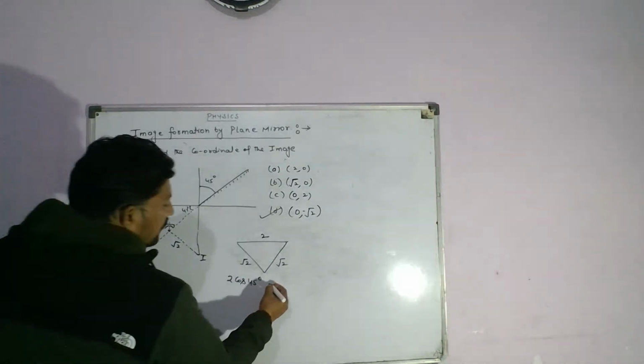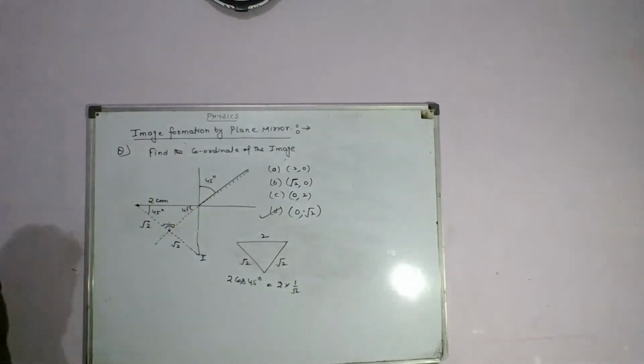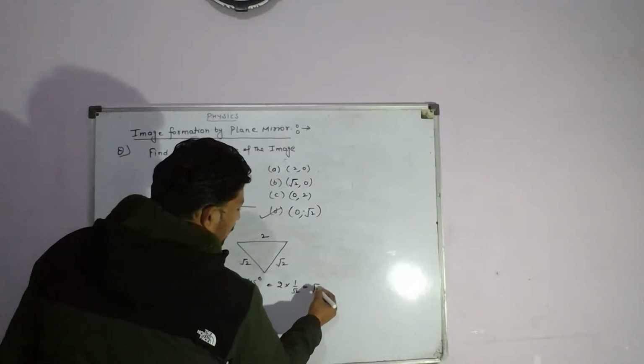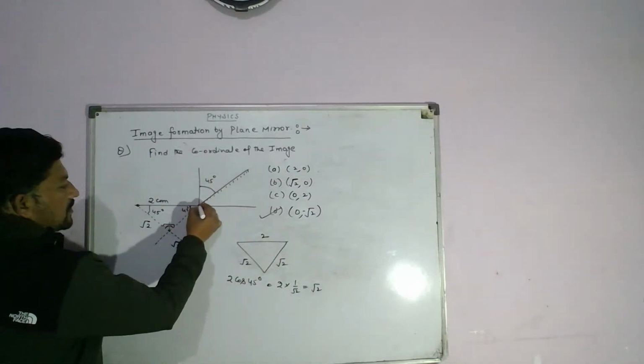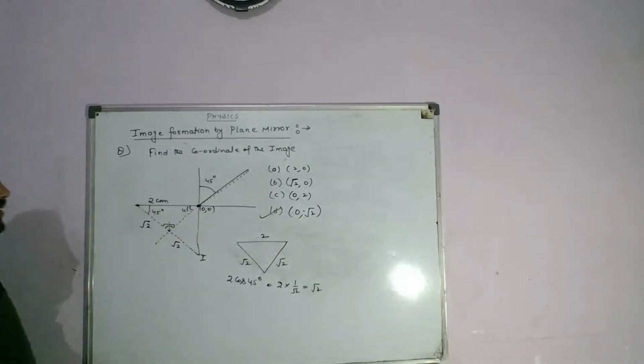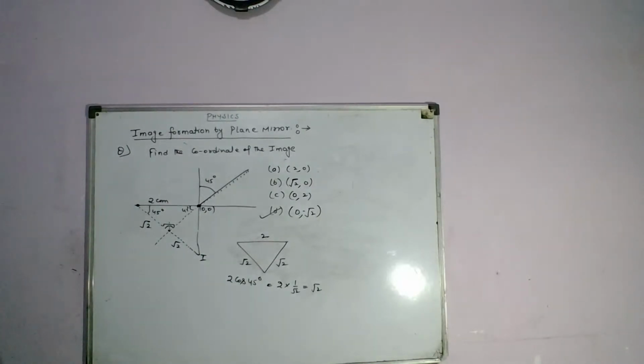That will be equal to 2 multiplied by 1 by under root 2. Clear? So it is also equal to under root 2. This is your origin, coordinate 0, 0. So your coordinate is 0, and this side is your negative coordinate. It means 0 and minus under root 2 is the right answer.